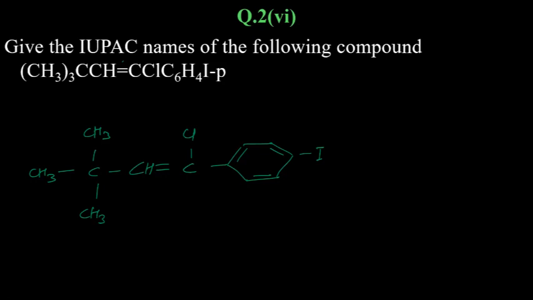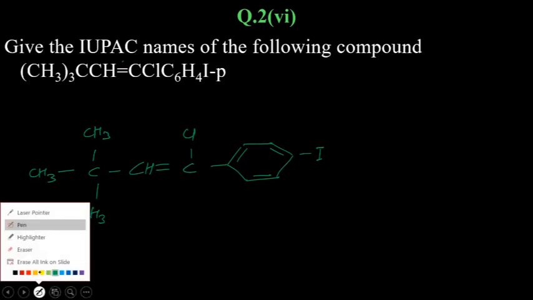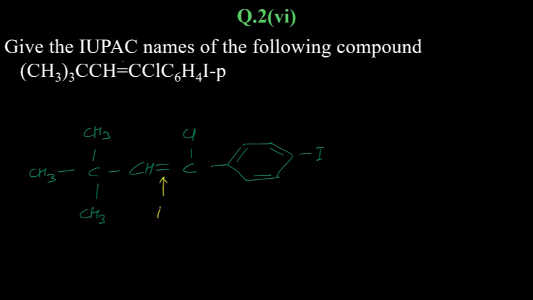Now remember, the main point here is that the double bond is a functional group. It has to be in the main chain. So the benzene ring cannot be the main chain in this case. So the benzene ring you will mention as 4-iodophenyl.